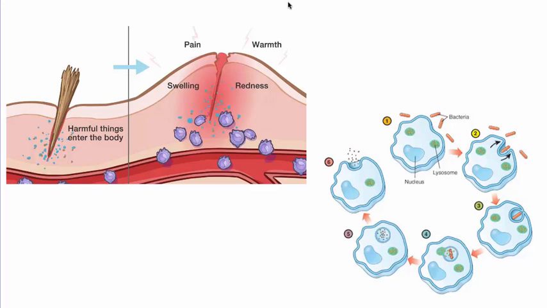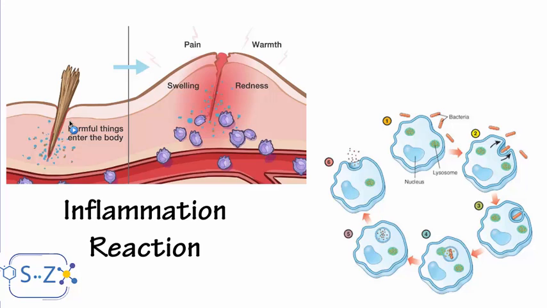First of all, we talked about the inflammation or the non-specific immune response, and we took an example: if we injured ourselves, our skin was cut, and a pathogen enters the skin, a reaction called the inflammation reaction takes place, which is a non-specific immune response, and a process called phagocytosis takes place, where phagocytes like monocytes or granulocytes try to engulf the pathogen through several steps and then eliminate it, and try to engulf other pathogens also.